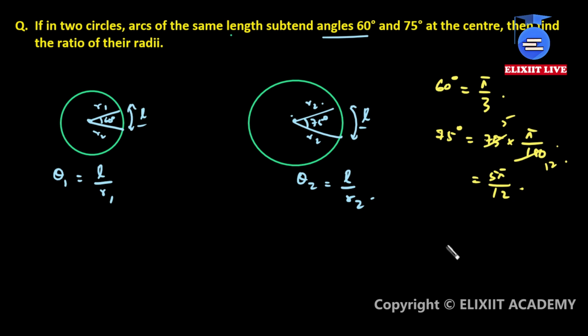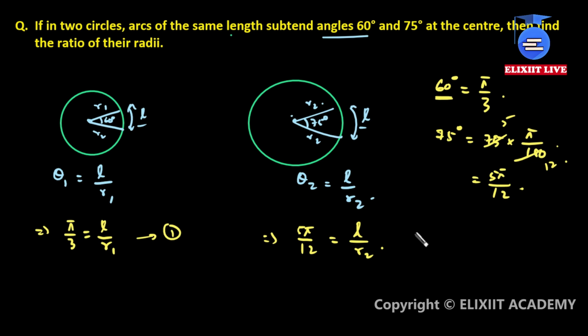So theta 1, which is 60 degree, is pi by 3. So pi by 3 equals L by R1, and theta 2, which is 5 pi by 12, is L by R2. Now compare and simply solve. We have L on both sides, so you can simply equate both of these. From both of these equations, you're going to find out R1 by R2.